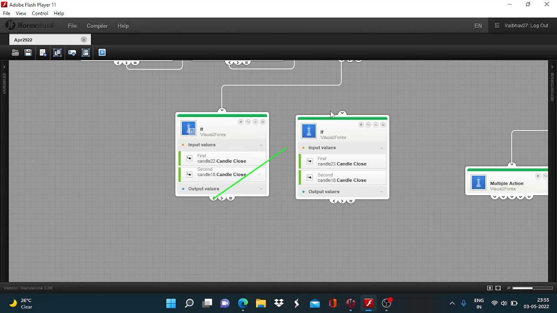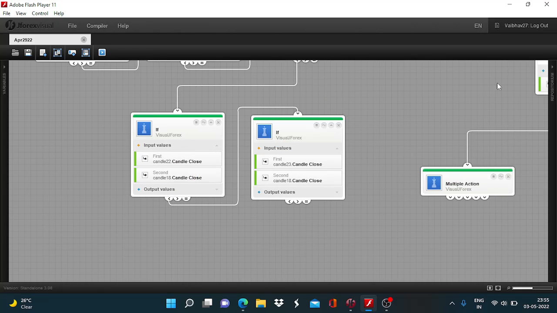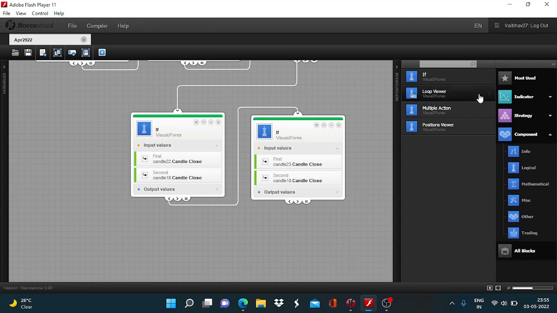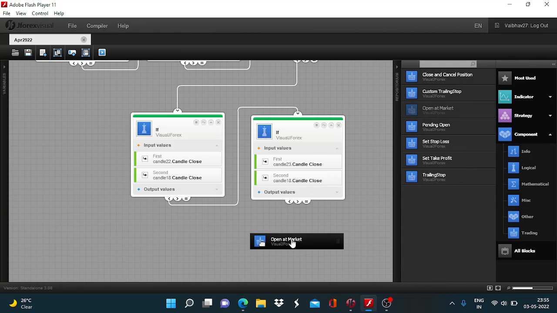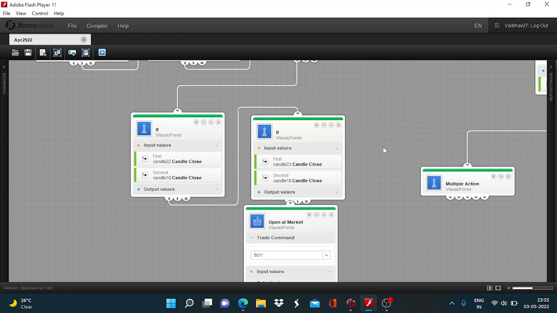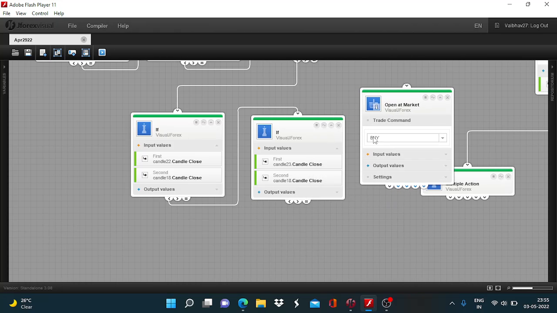So first input less than second input, and then we bring in the trade command block, which is open at market. So this will be first input less than second input.